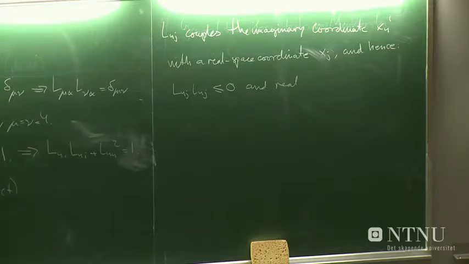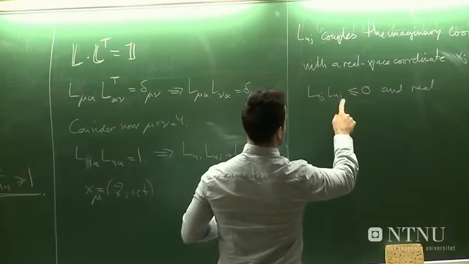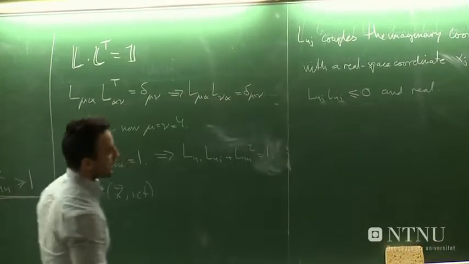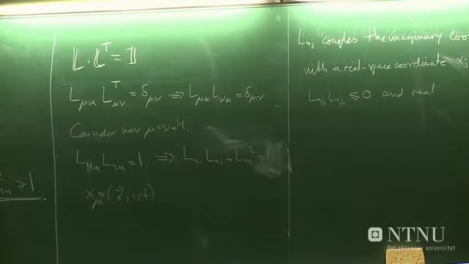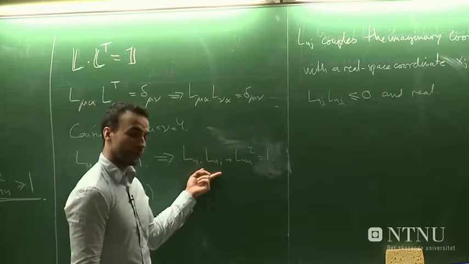So since these L4I, or J here, I can just use I. Since these L4I elements have to be imaginary, their square has to be negative, or 0. So we know that this sum is either negative or 0.